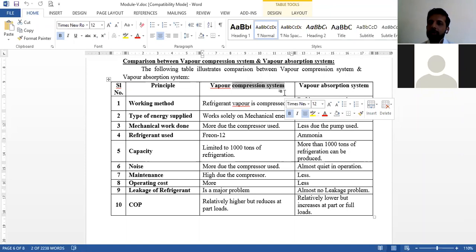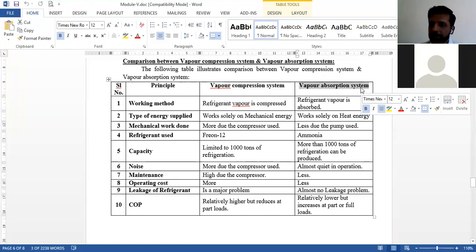But when we go to malls, theaters, and such big places where the entire large area has to be refrigerated, which requires a lot of refrigeration, they will not use the compression system because you need a large compressor, it makes more noise, and efficiency will go down. In those cases they use the vapor absorption system.